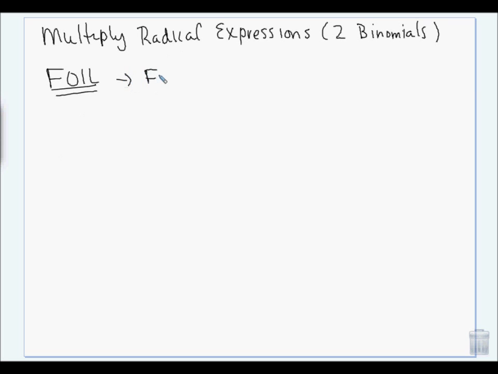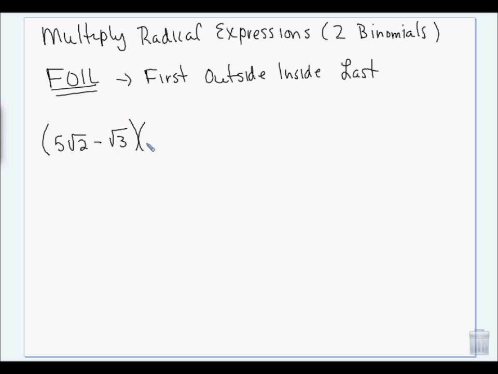And in case you forgot, that's first, outside, inside, last. So if I want to multiply 5 times the square root of 2 minus the square root of 3 times the square root of 5 plus 4 times the square root of 3.